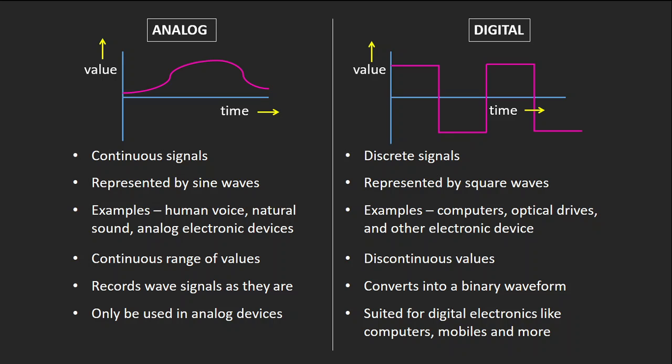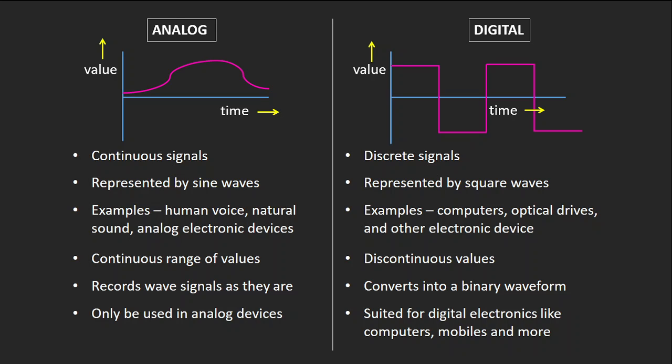In the analog case, it records wave signals as they are. So an analog signal is represented as it is with the help of a graphical representation, that is value versus time. But in the digital world, you cannot enter the analog signal as it is in digital systems, because digital systems do not understand that.